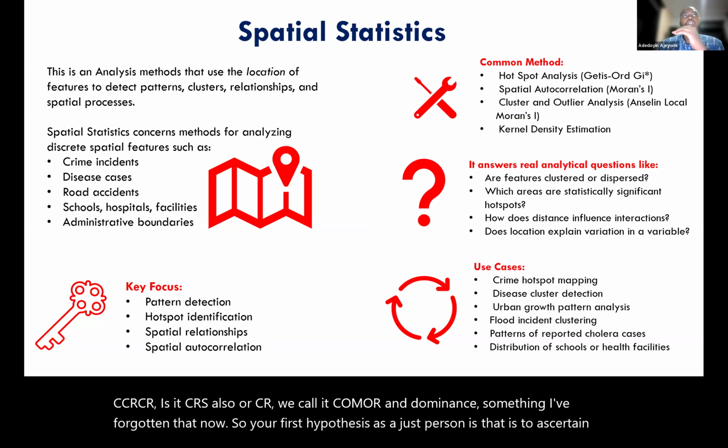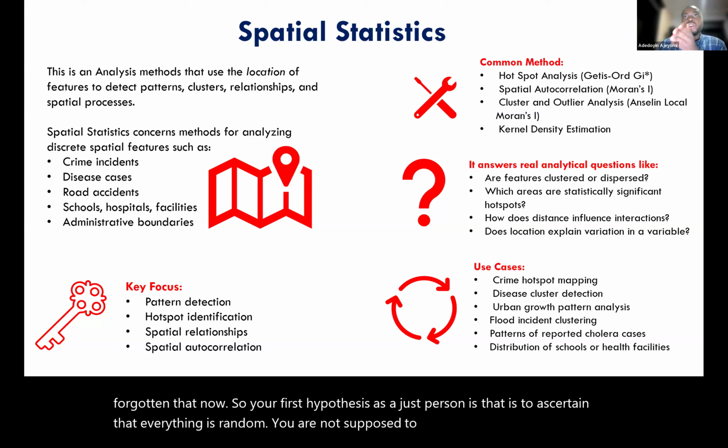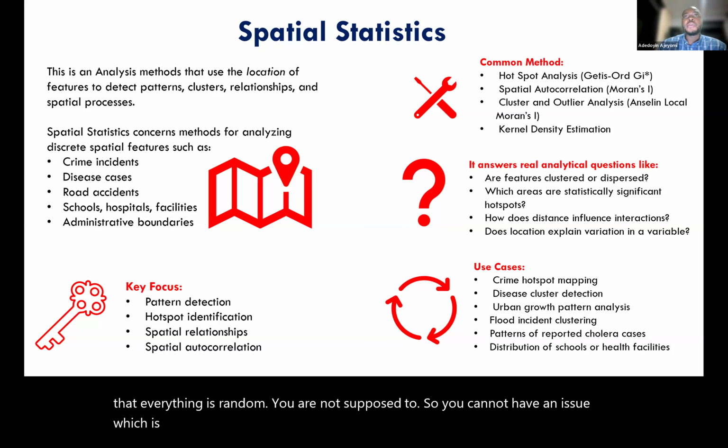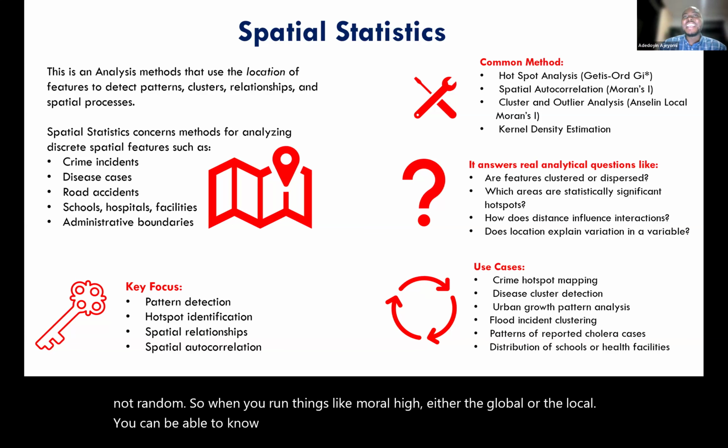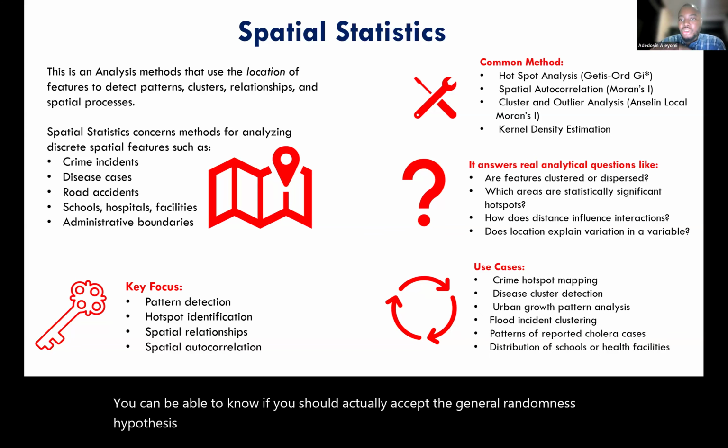That is your null hypothesis, and you want to reject it and show that, okay, these cases are not random. So when you run things like Moran's I, either global or local, you can know whether you should accept the general randomness hypothesis, or you've seen something that is not random.